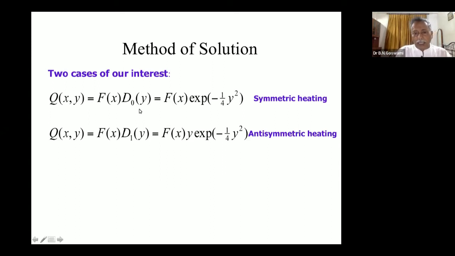This is the zero order function, the exponential function. So this function is symmetric about the equator, and then there will be another function where the same x variation comes together with an opposite, antisymmetric function in the y direction, and that is y times e to the power minus y squared by 4. So this is an antisymmetric heating function. We'll try to find solutions of those equations for forcing of these two forms.